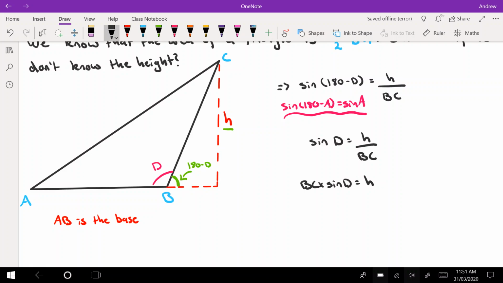Well, again, area of a triangle is equal to half base times height.